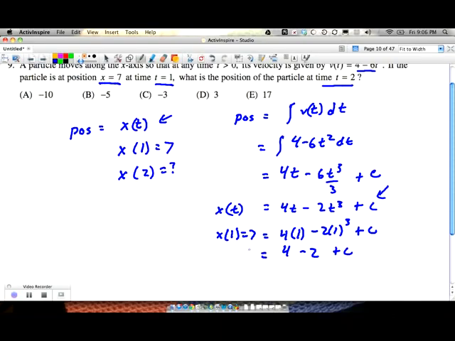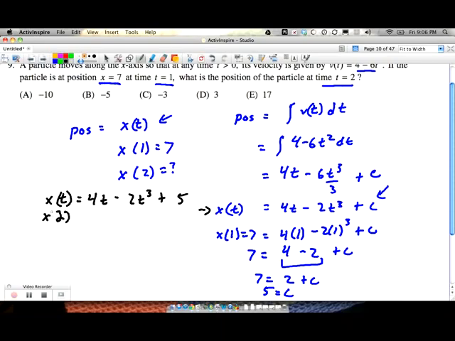We got plus c, and all that's going to be equal to 7. Simplify this, we got 7 equals 2 plus c. 5 equals c. So really, x of t is equal to this function here, which is 4t minus 2t cubed plus that constant, which is 5.